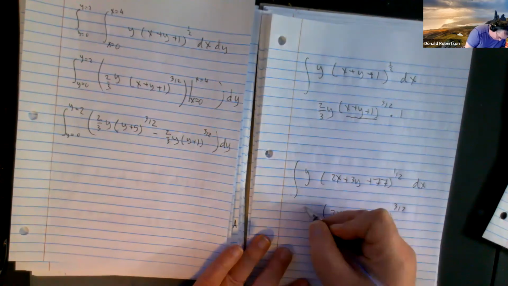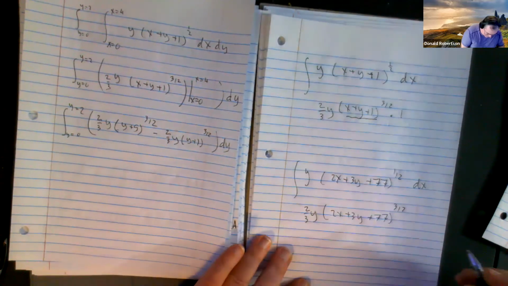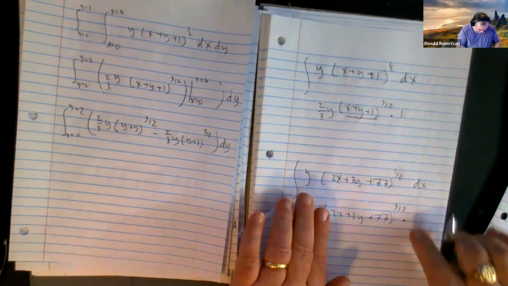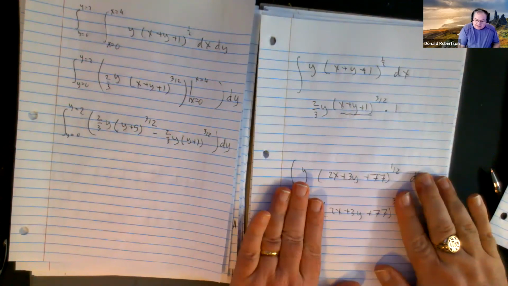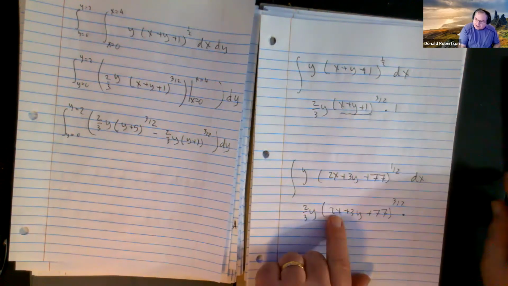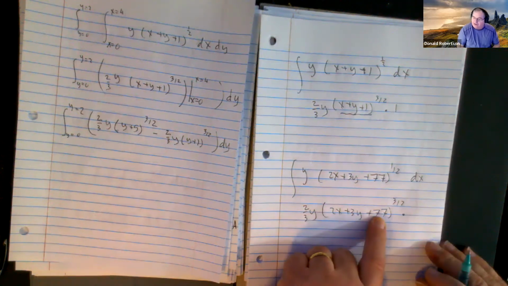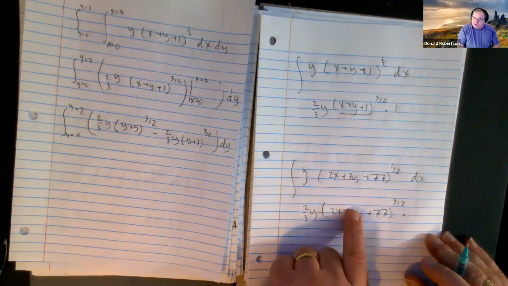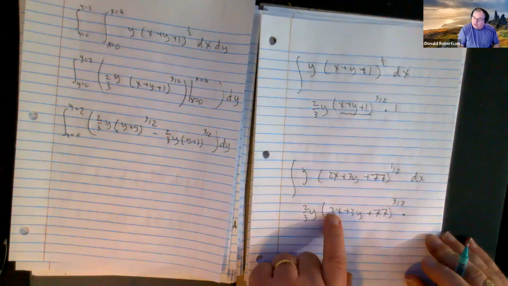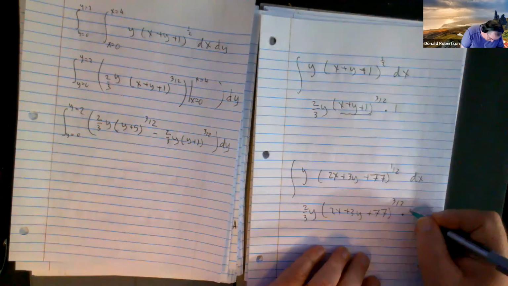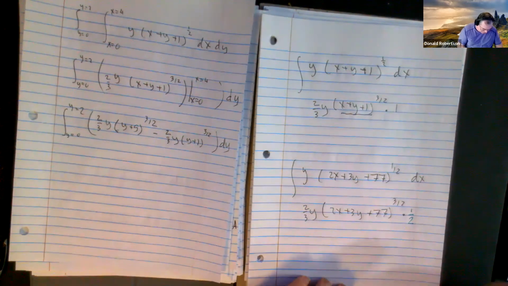You divide by the new power, and you'd get that. But you would also get an extra times a half because of that 2x. What about the 3y? Doesn't matter. What about the 77? Also doesn't matter because constants don't have any effect, only things with x's. So that one would have had a times a half and this one wouldn't.